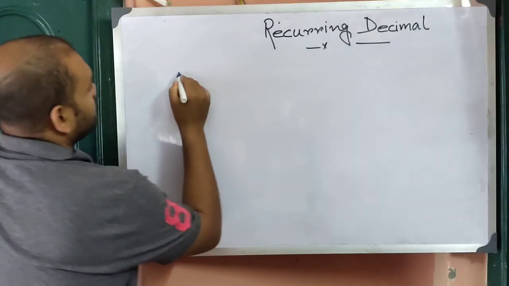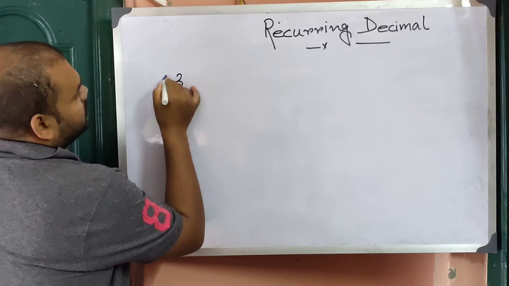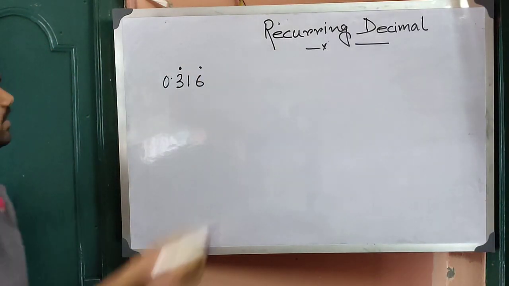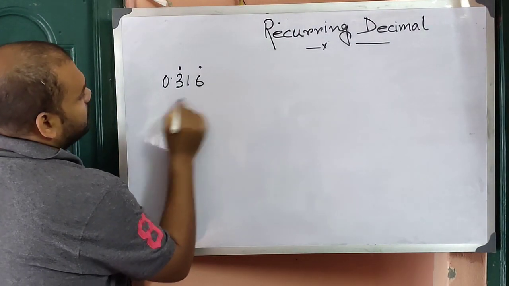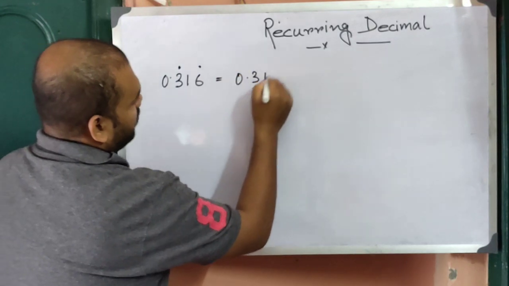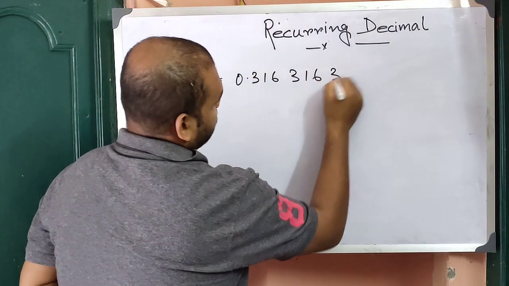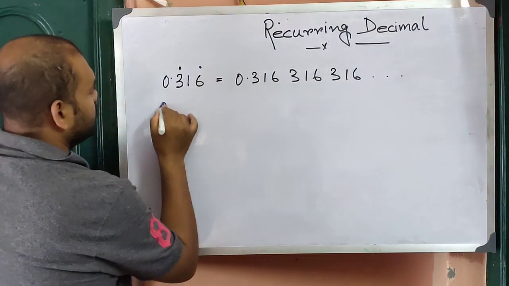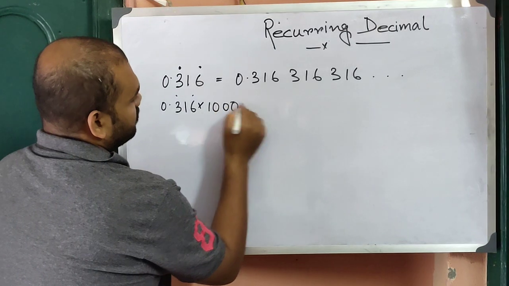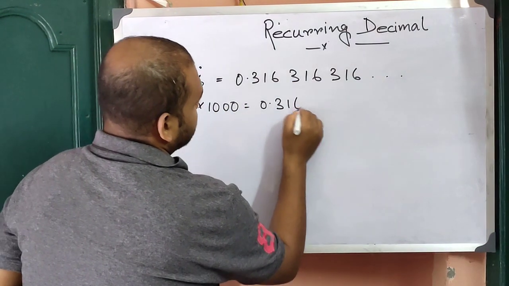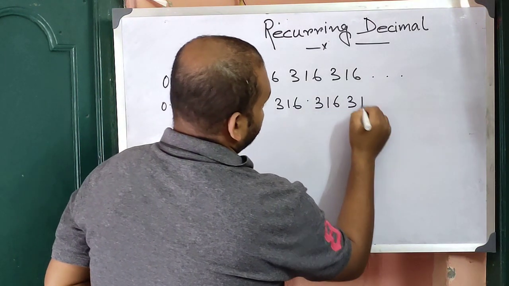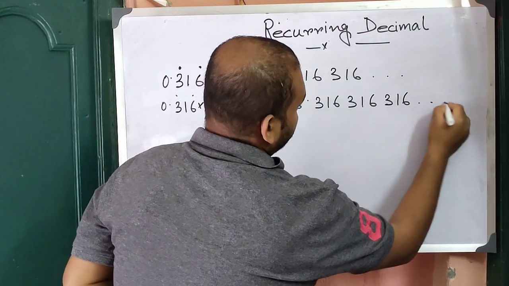Now in case of, suppose, 0.316 recurring is there. It can be written as 0.316316 dot dot dot. So 0.316 recurring into 1000 will give you 316.316 and dot dot dot.